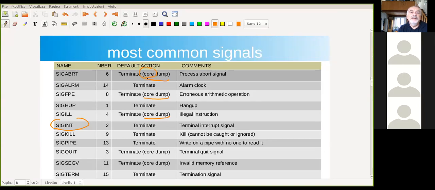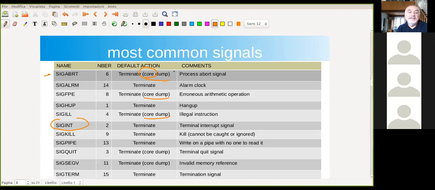You will find in the working directory a large file called core, and is just an image of the process that is being terminated. Why this? Because in particular, those signals usually are raised when an error occurred. So probably for debugging purposes, you have to analyze the core.